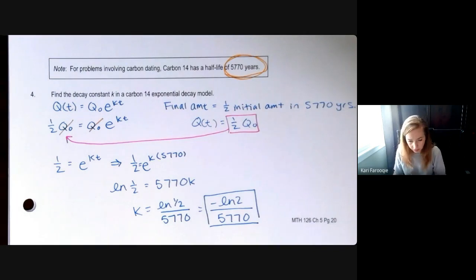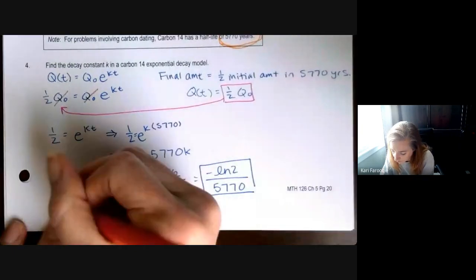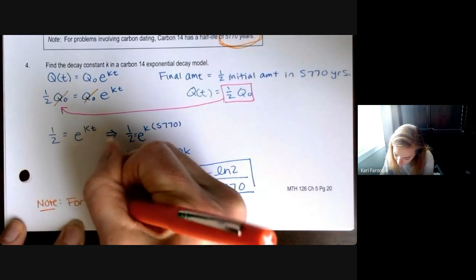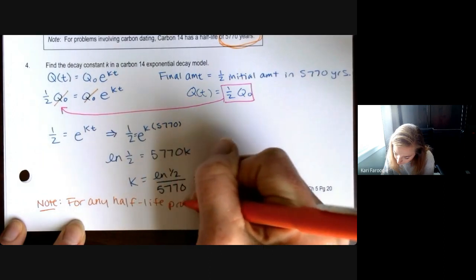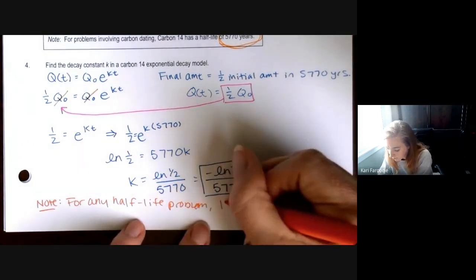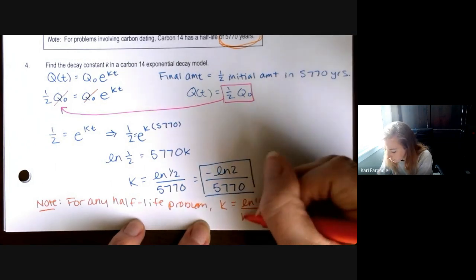I have a note here that I want to give you. Note that for any half-life problem, we can say that K is ln 1/2 over the half-life.